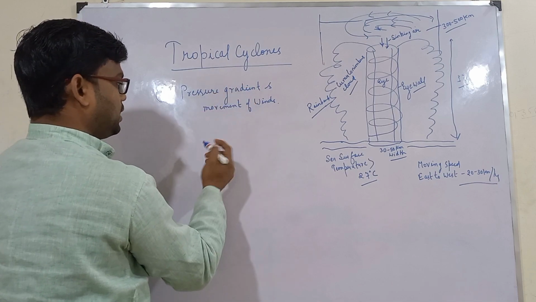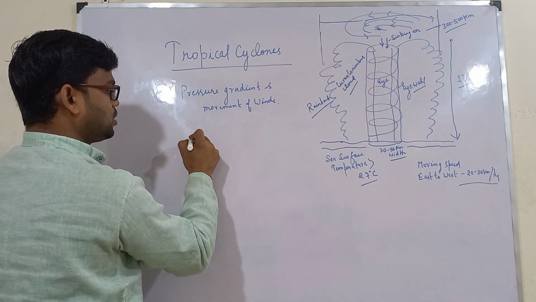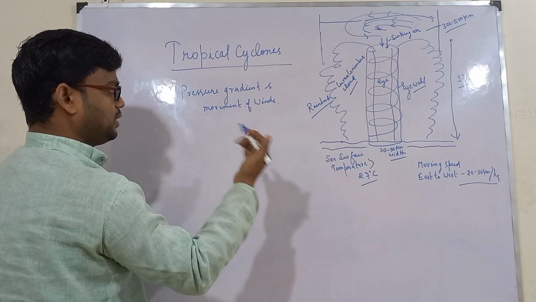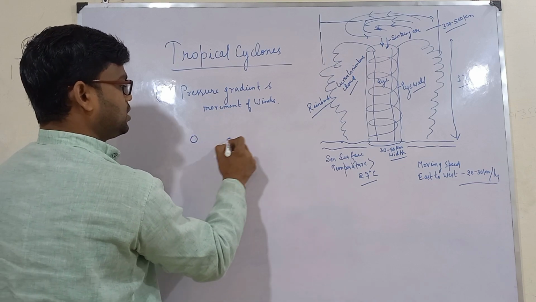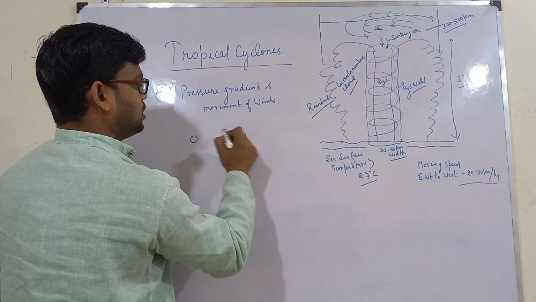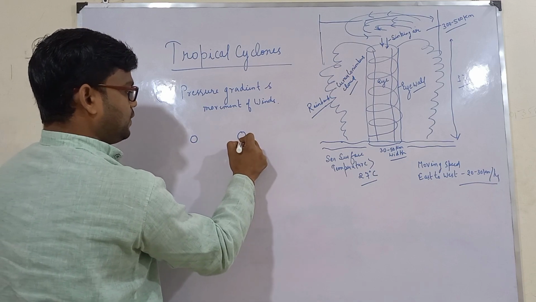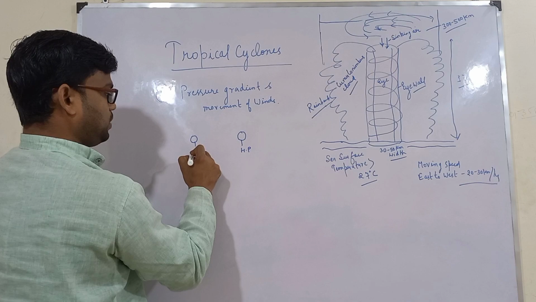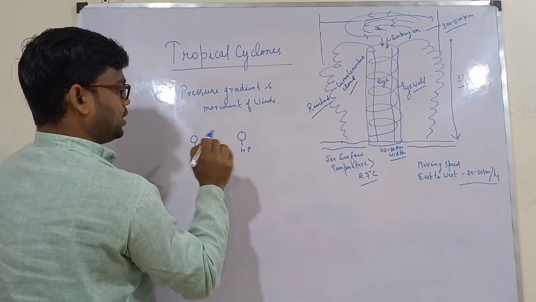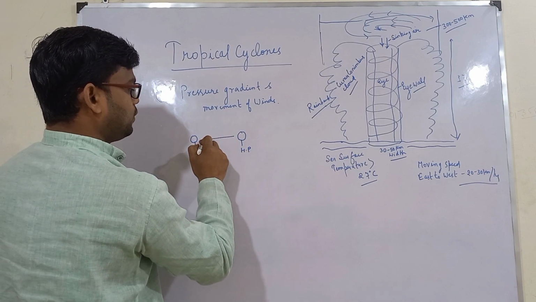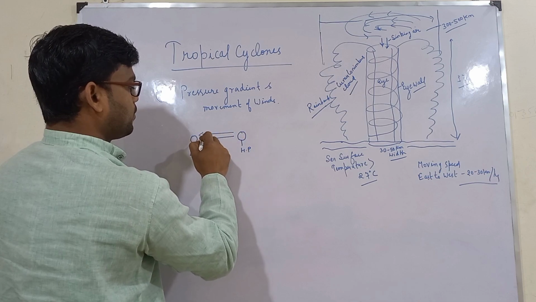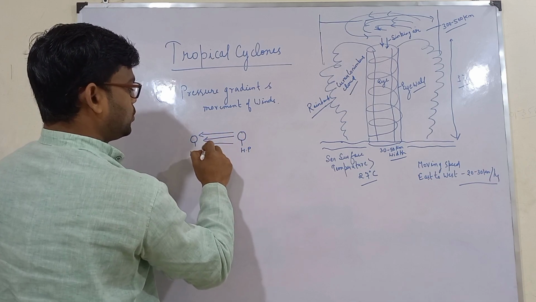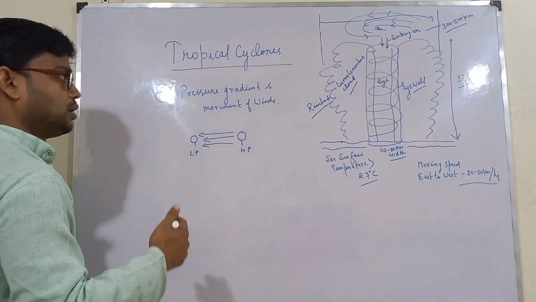Now what is pressure gradient? Pressure gradient means difference in the air pressure between 2 points. For example, this is a place and this is a second place. I consider this as a high pressure area and this place as a low pressure area, then it is fixed that the movement of wind will always be from high pressure area to low pressure area.